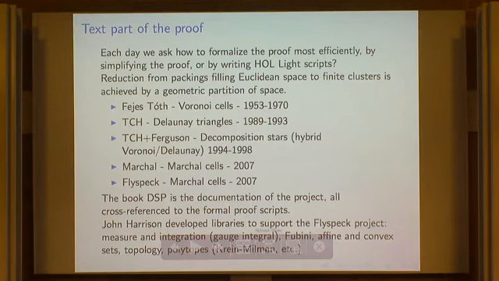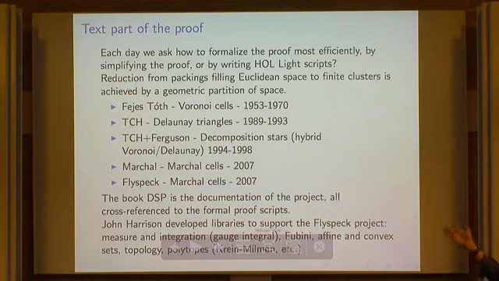Then in 2007, Marshall wrote an article proposing a variant of what we had done, and the rules for the decomposition of space were really much cleaner than what we gave in the 1998 proof.